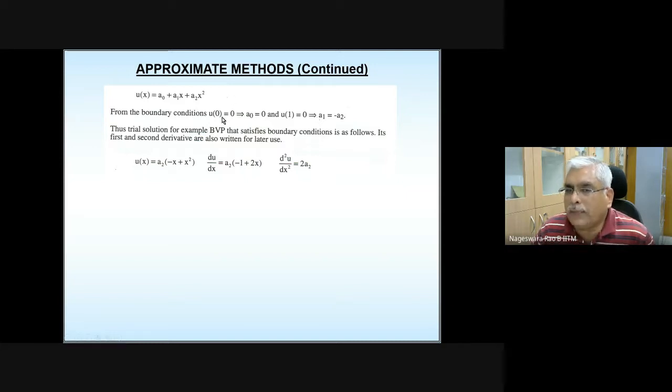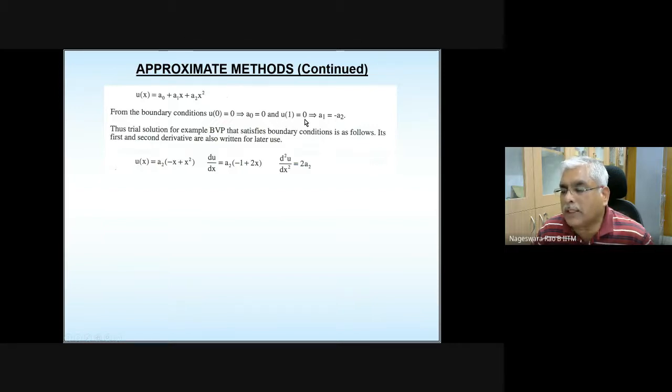When we impose the first boundary condition, u at x equal to 0 is 0, it turns out that a naught is equal to 0. If a naught is 0, that boundary condition is satisfied.